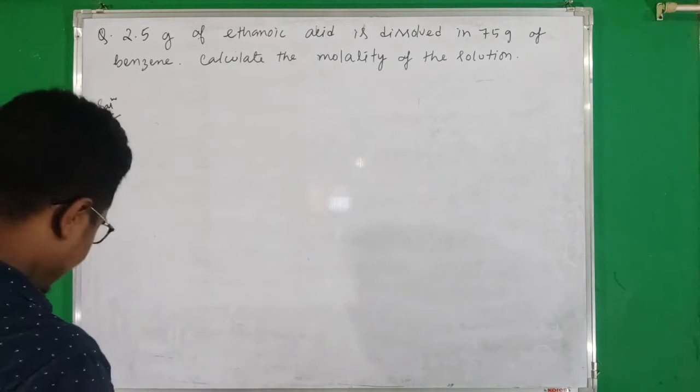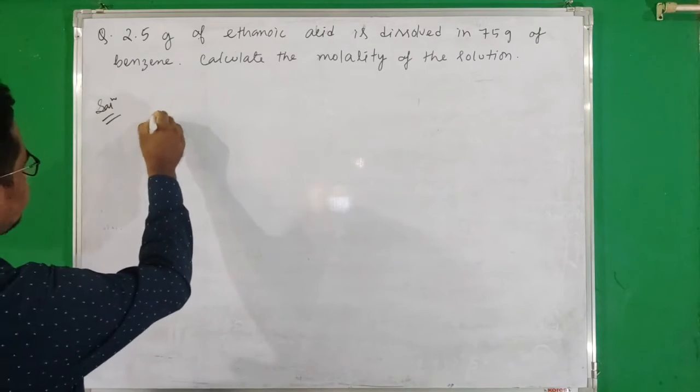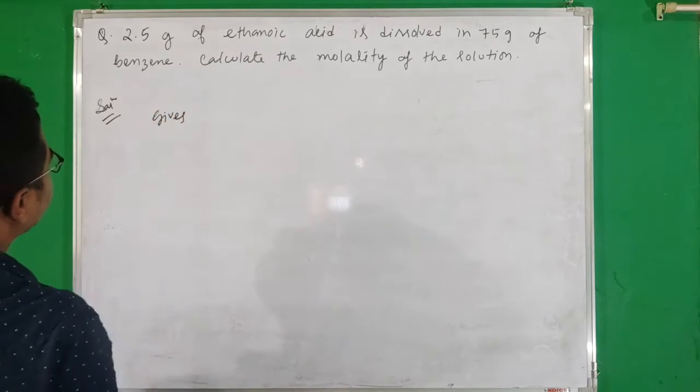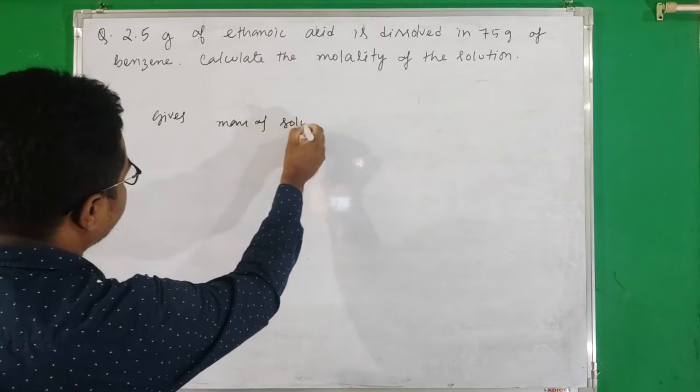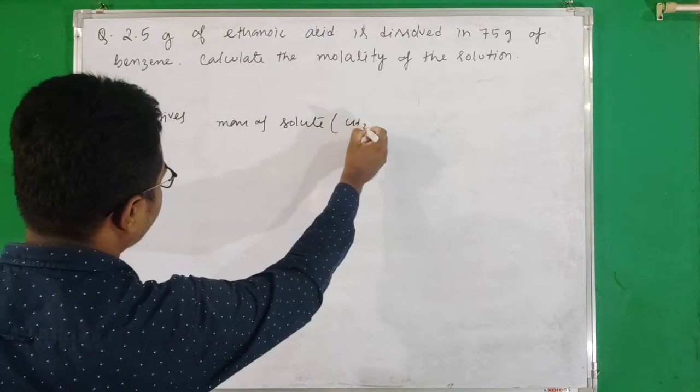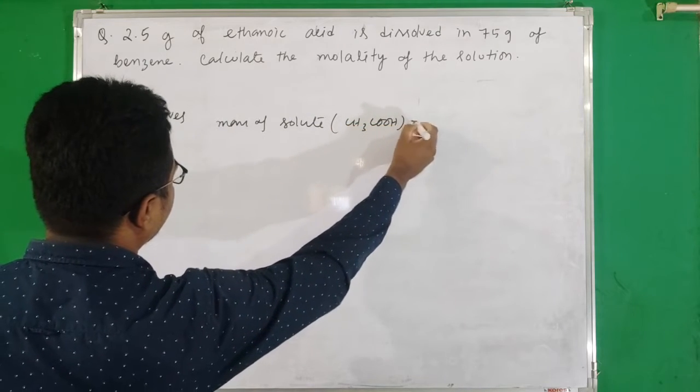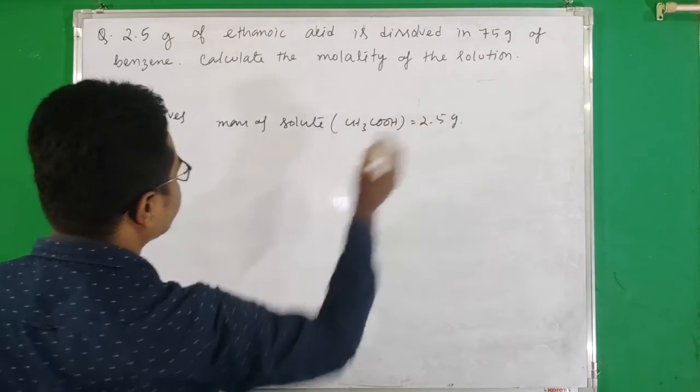So the given data are: mass of solute, that is ethanoic acid, equals 2.5 gram.